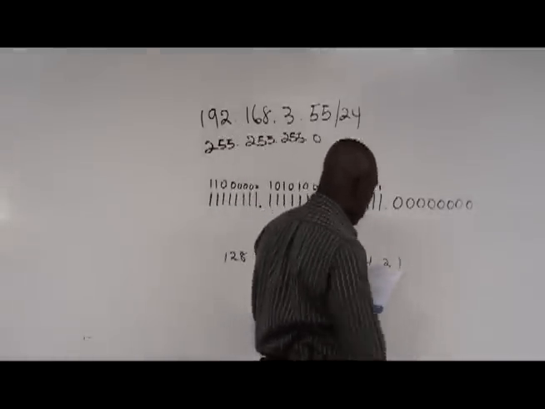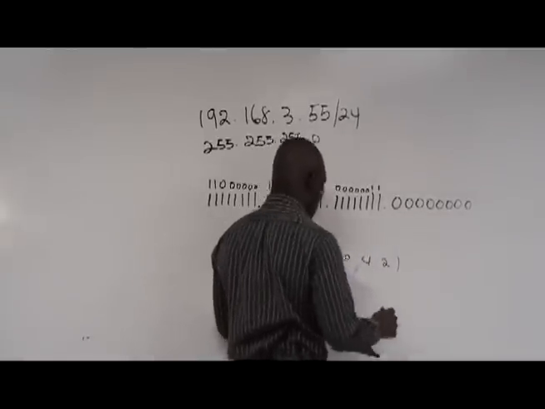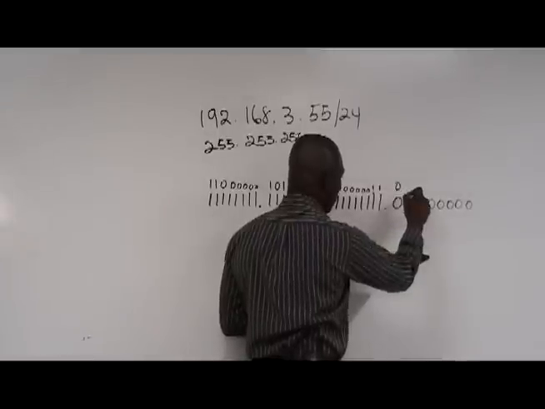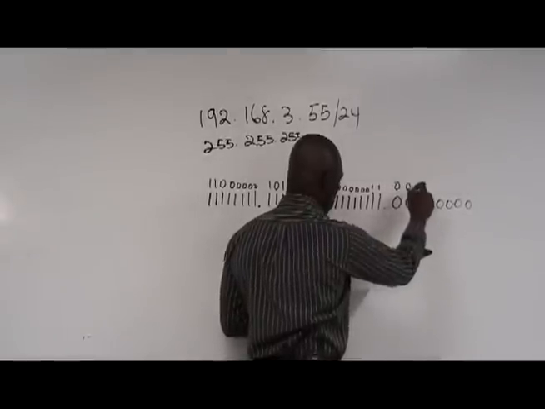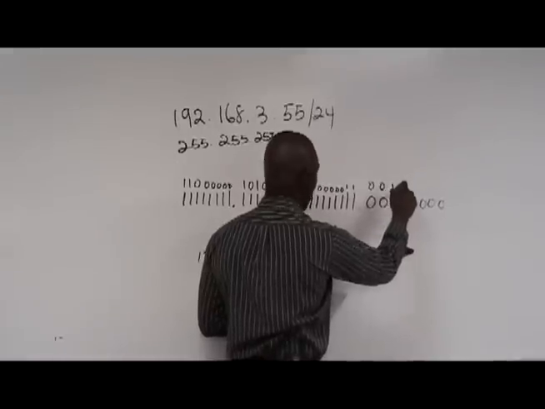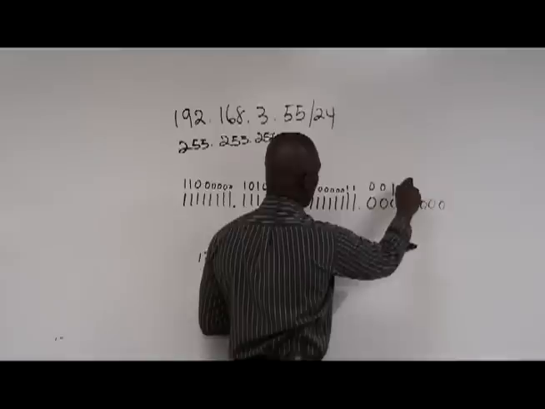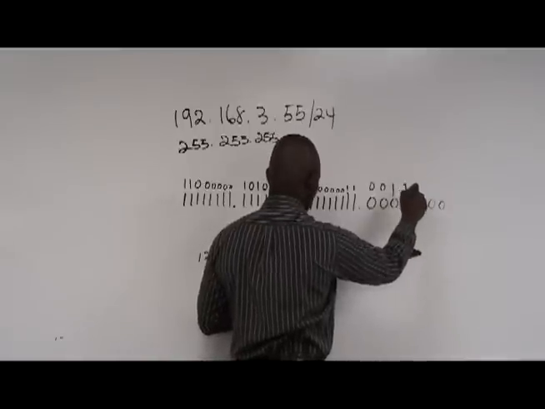So the 55 now, we know that it would not be 128 in terms of this place value. So this will be off, right? This one here would also be off. We will put on this one here because it's 32, right? And the difference between 55 and 32 will give us this one, which will be the 16, right?